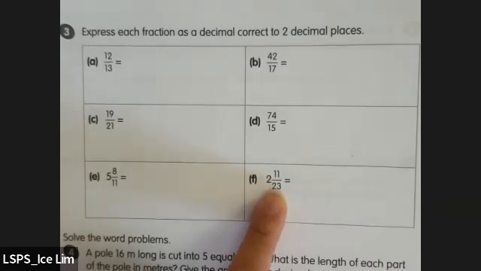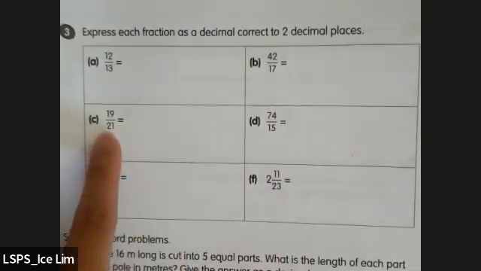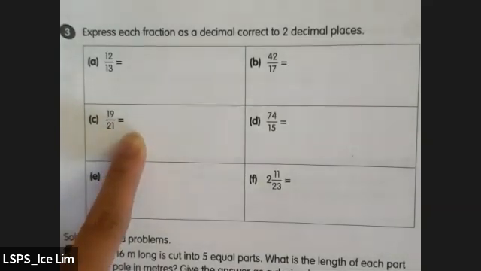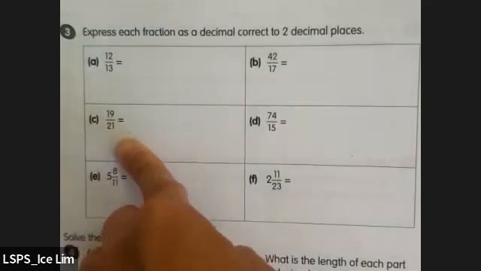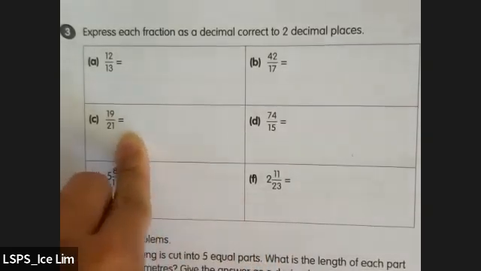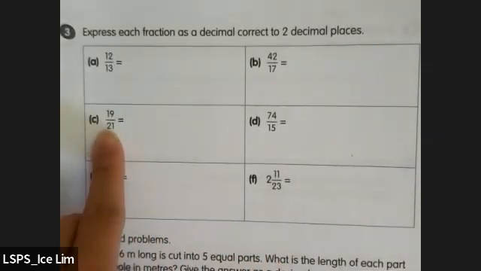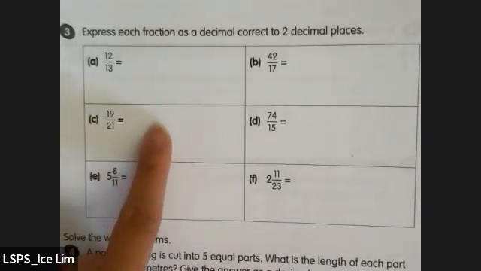Cannot, right? So I can't change the denominator 21 to 100 or 1000. Why? Because it's not a factor, right? So I'll choose the division.